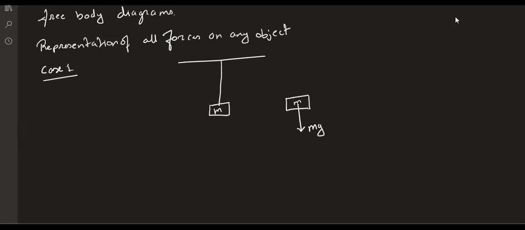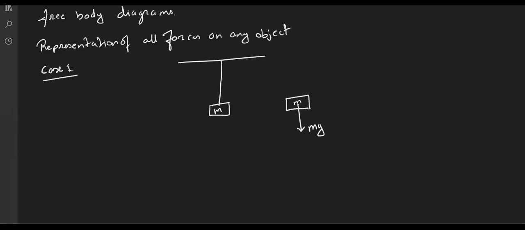Now just think about this, right? Is this object going down? Yes or no? No, right? Now we have studied that if an object is not moving, then there should be balanced force. I hope you remember the concept of balanced and unbalanced force.